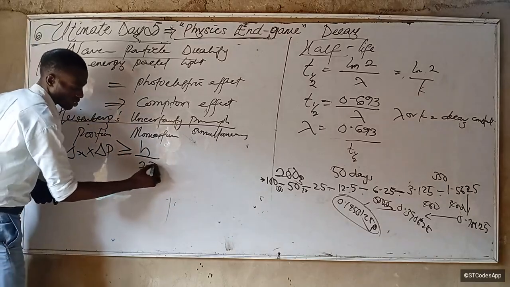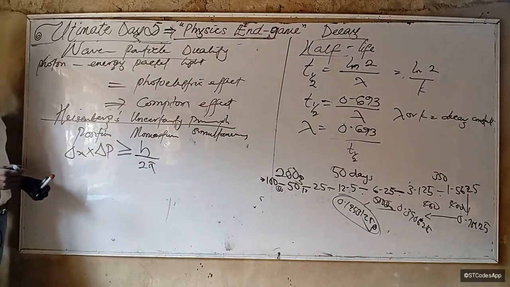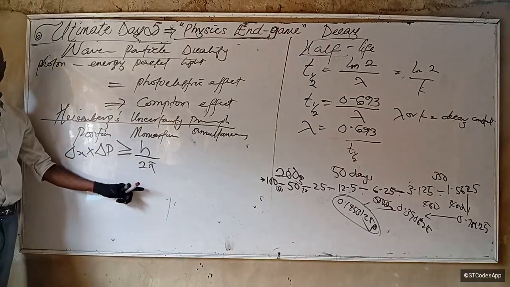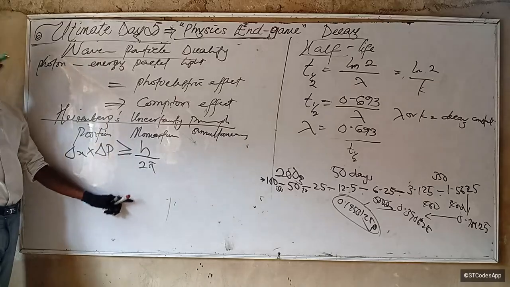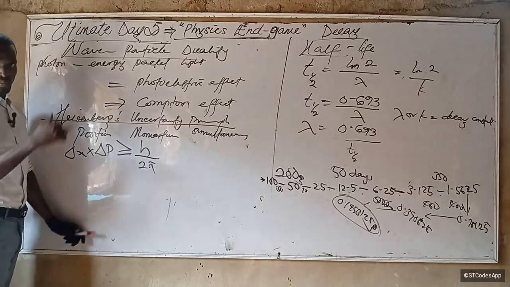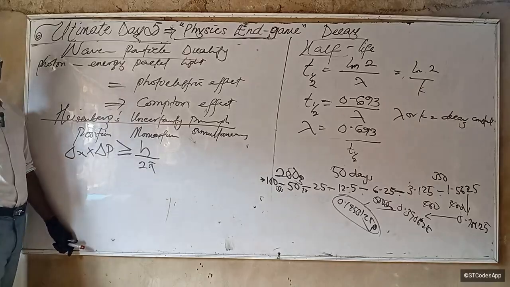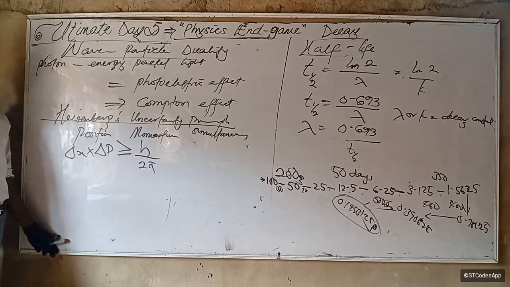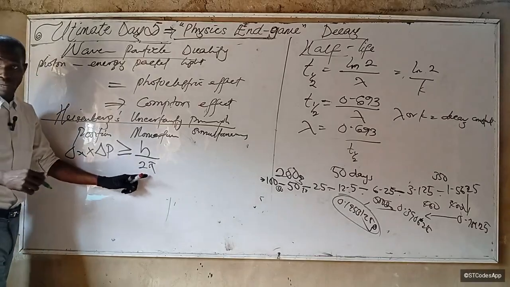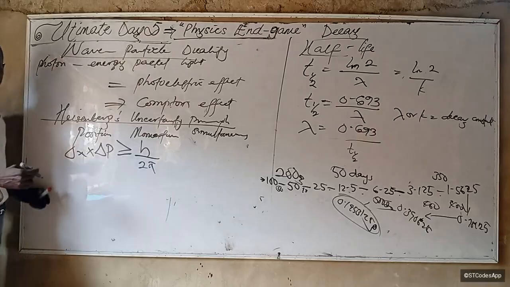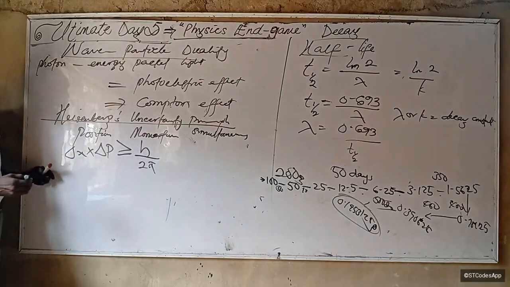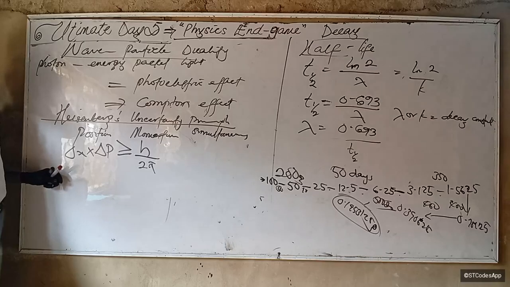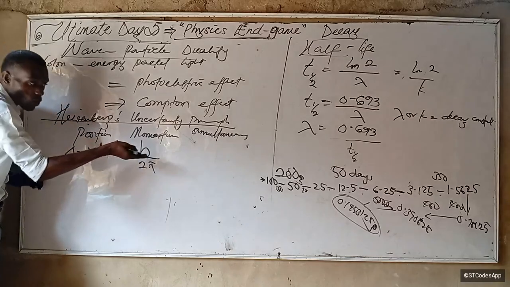You see 2 pi because they are referring to orbits. What is an orbit? The path taken by electrons, or basically particles too. It's concentric, so we're using 2 pi, which is 360 degrees.